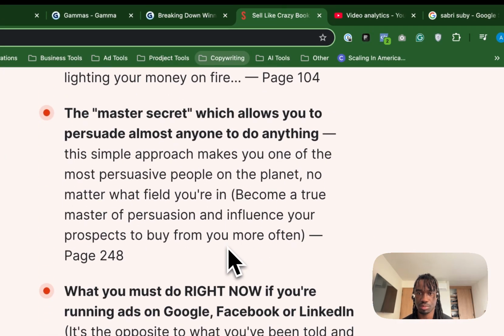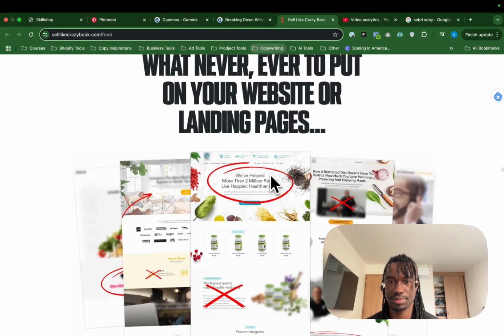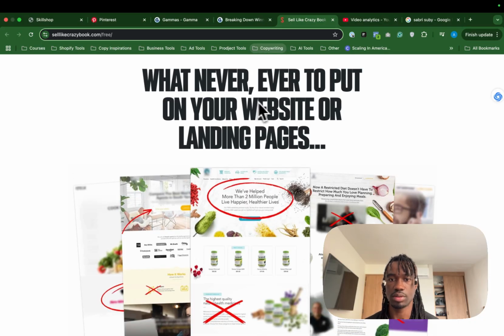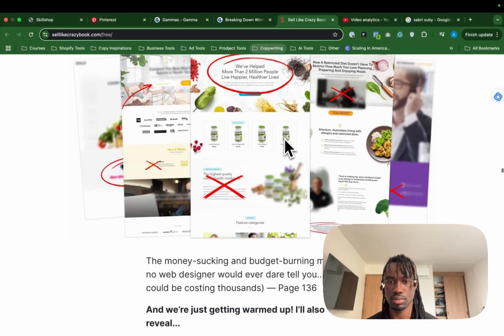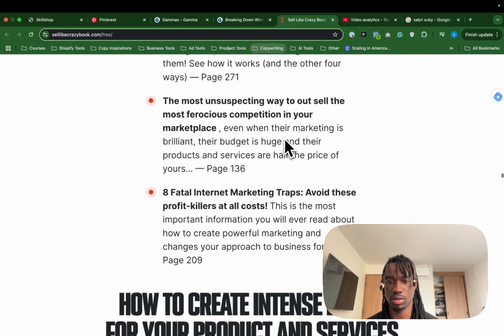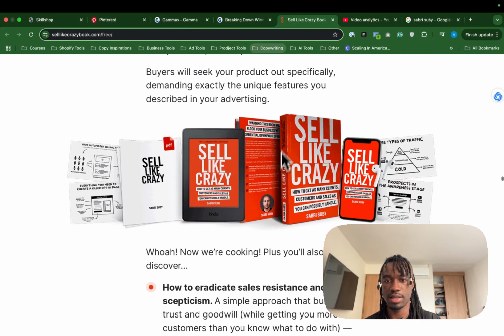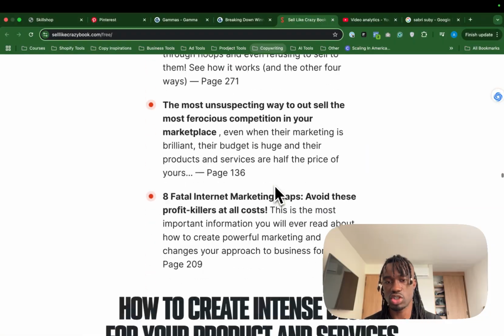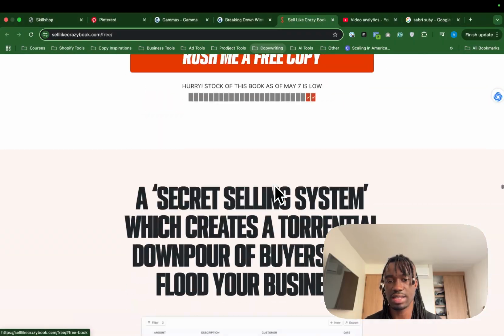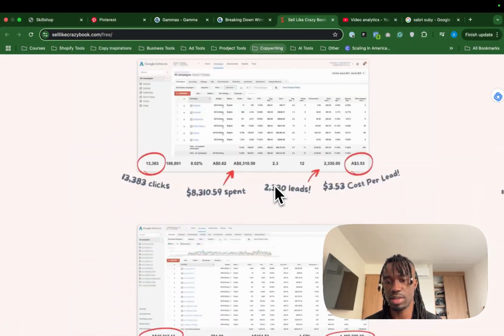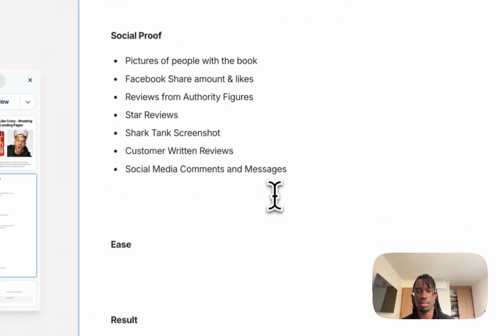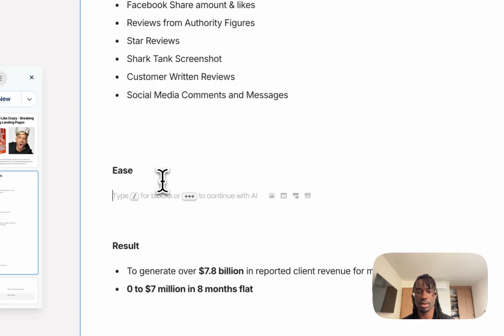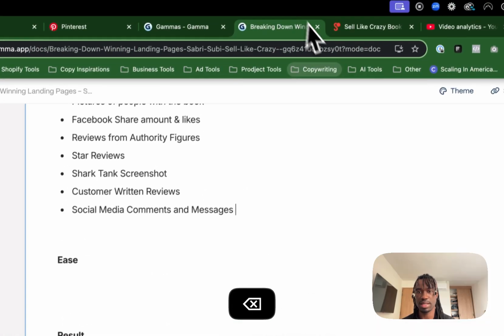Right. Master secret, this and that. That's great. So you can see that this is such a detailed page, really incredible. And he uses so many of these different strategies in many different ways all throughout his landing page, right?